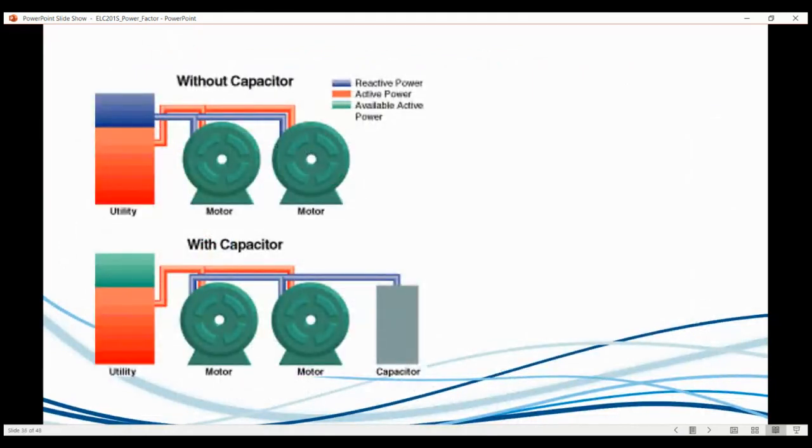The third type is, this is an image of what happens here. In the first case is what we used to.